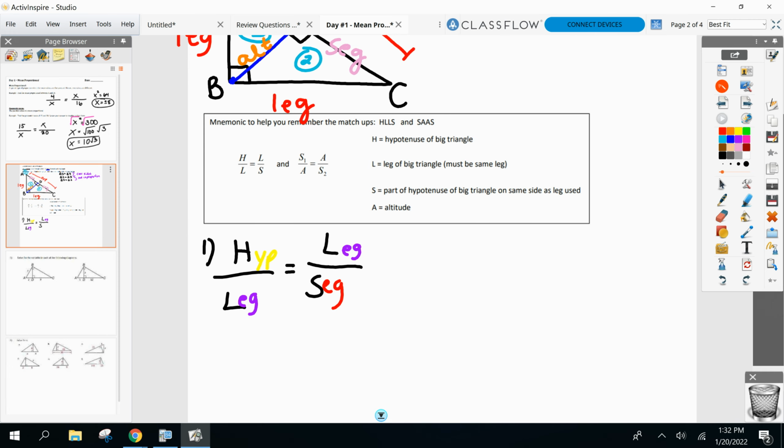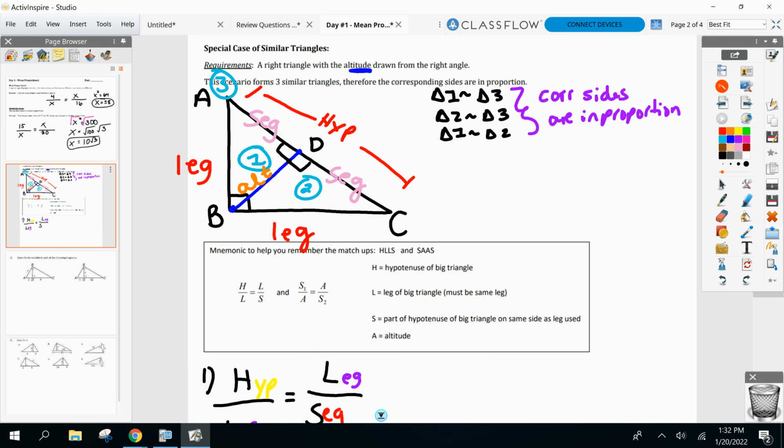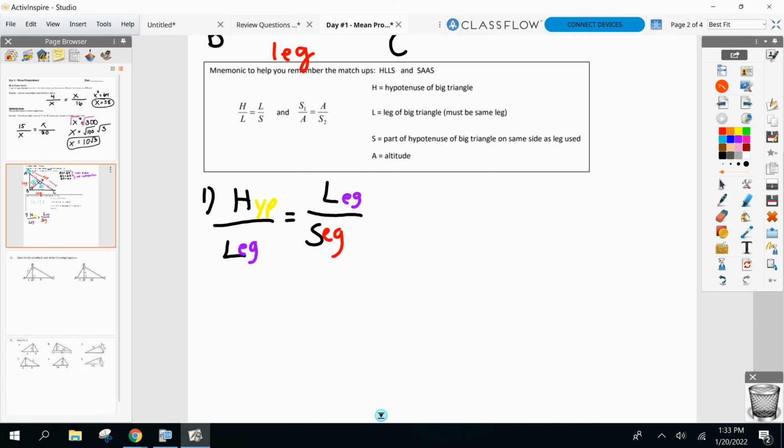So for example, if we were using leg BC in this proportion, which segment would we use? The one next to it or adjacent, DC. Okay, that's what the S in hills stands for. The segment adjacent or next to the leg we're using. All good. And I know showing you right now doesn't mean a darn thing. We're going to get reps, though, and you're going to be very good at this before you leave.